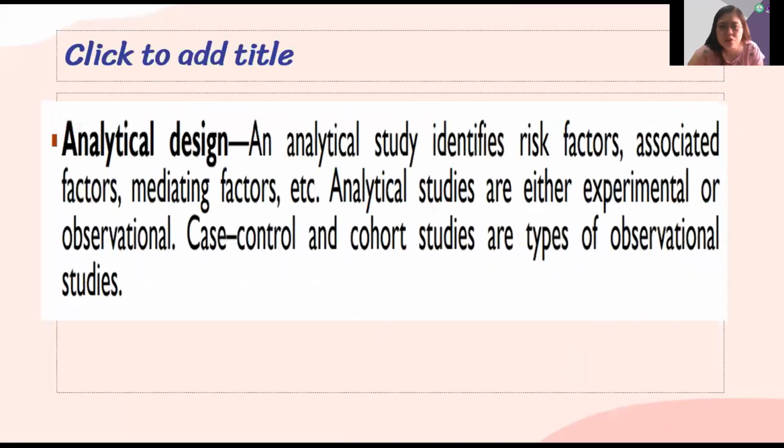Now we have also based on purpose pero ang tawag nato kay analytical design. So sa analytical design, ang hinahanap natin factors. Example, risk factors, associated factors, or mediating factors.